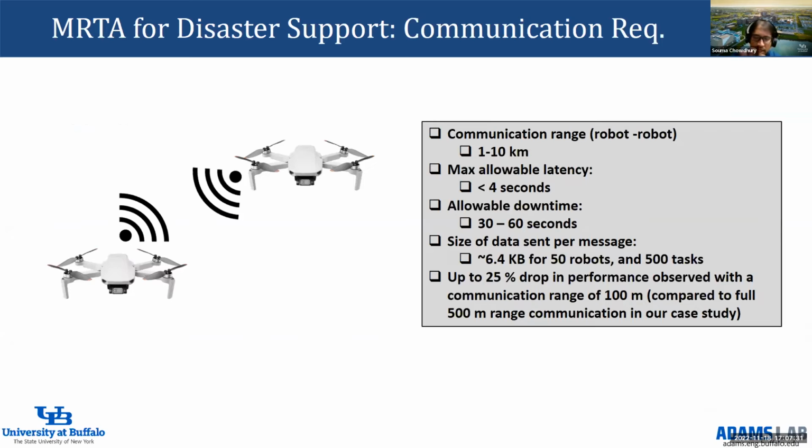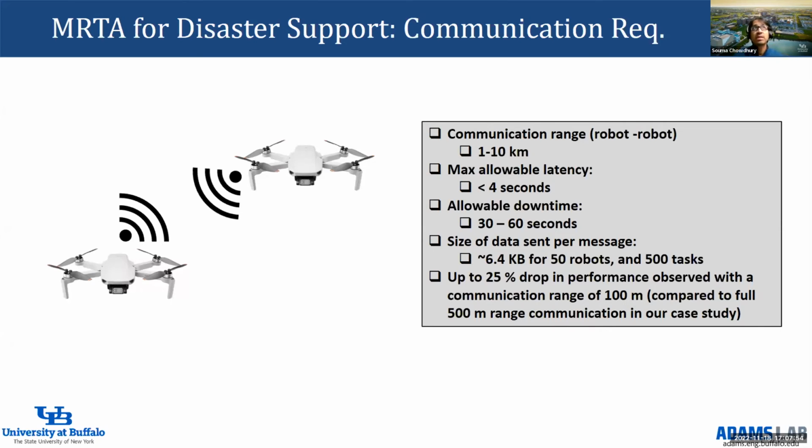However, for our application, it was slightly scaled down, and we assumed a range of 500 meters in the ideal scenario. When we decreased that range to 100 meters, we saw a significant drop in performance. So in a real-world problem, you can think of it as, instead of a 10-kilometer range, if you had a 2-kilometer range, you would see a 25% drop in performance.